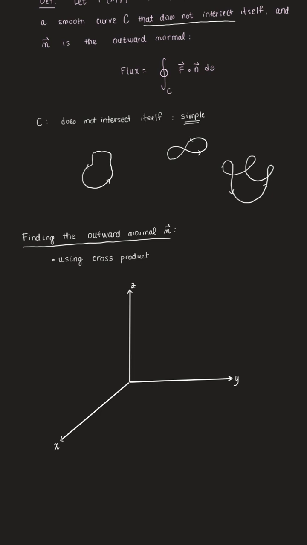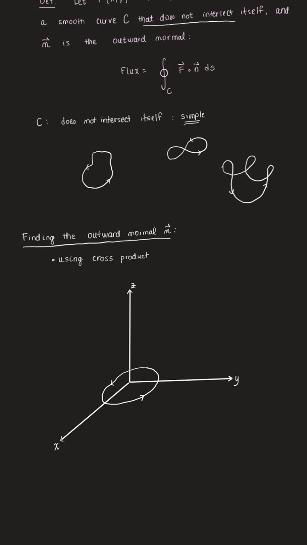All right, so let's suppose that we've got some curve that's parametrized in the counterclockwise direction in R2, and we want to find the outward flowing normal, so a normal that points outward.